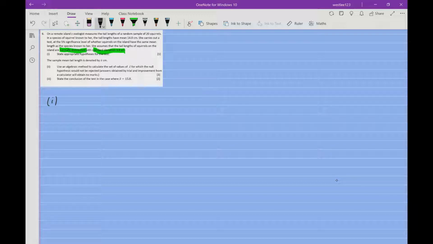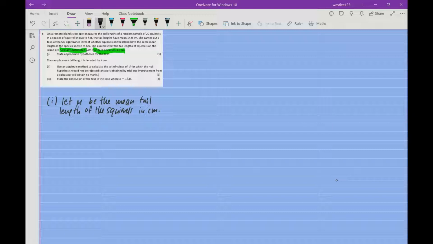Okay, so for part 1, state appropriate hypotheses for the test. First of all, because mu has not been defined, please remember to define it. So let mu be the mean tail length of the squirrels in cm.